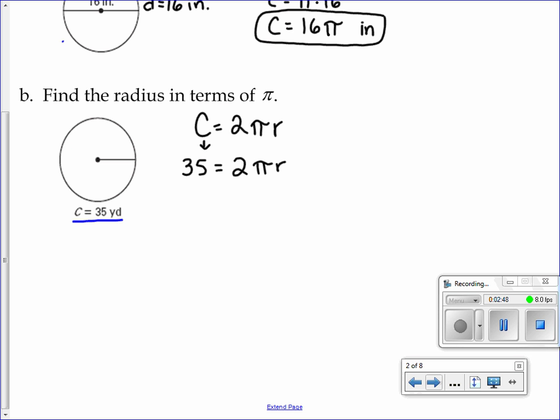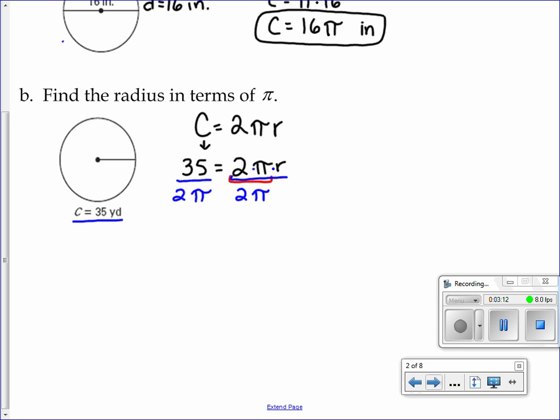We're looking for R. So you can think of this as one group, 2 pi. We're just trying to get R by itself. So if I want to get R by itself, all of these are being multiplied together. I could just divide this entire side by 2 pi. Do the same thing over here. Divide by 2 pi.